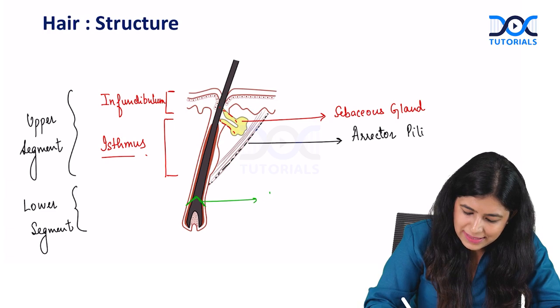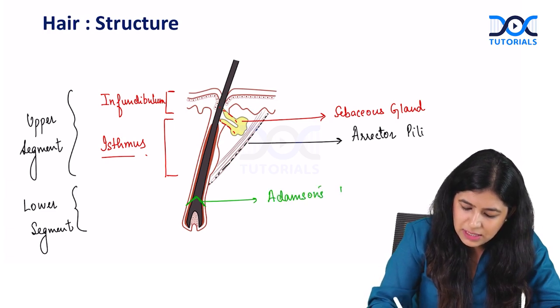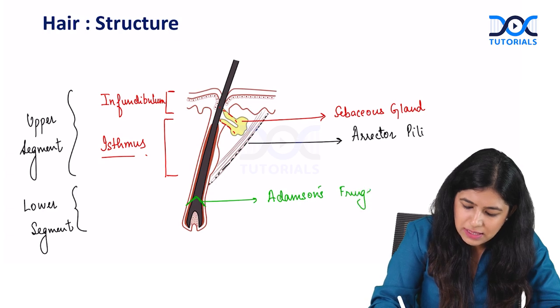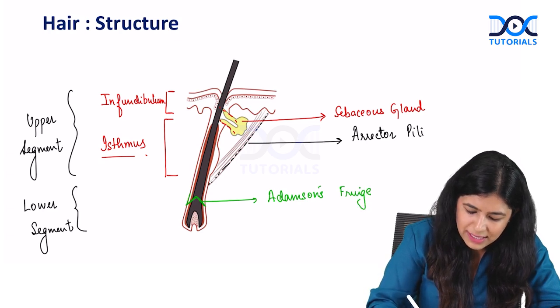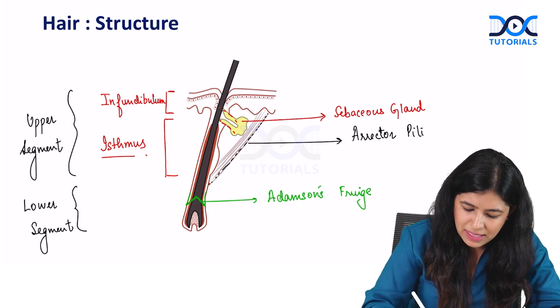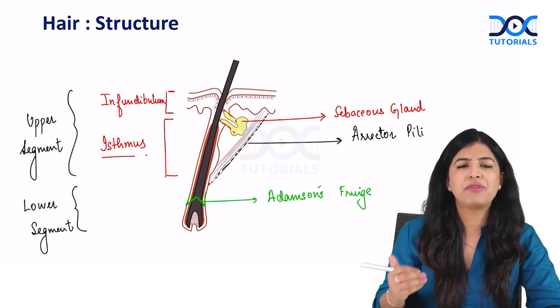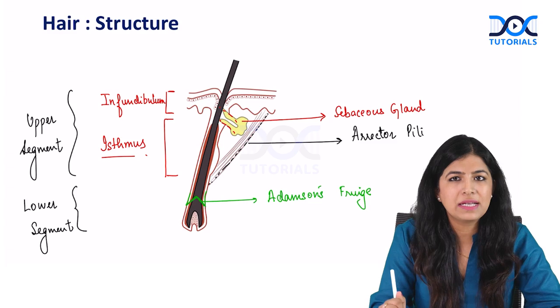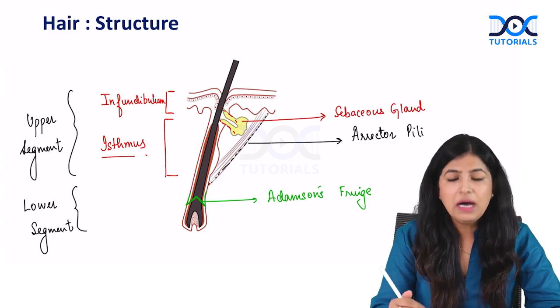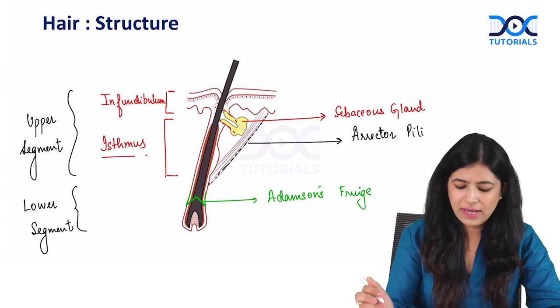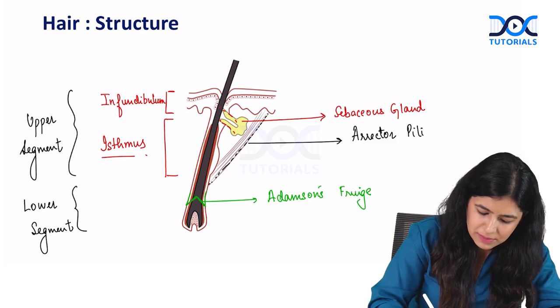Coming to the lower segment, here we have this inverted V-shaped zone. This is called the Adamson's fringe. This part has an importance in terms of having the keratinized part of the hair follicle above it, and below the Adamson's fringe we have the non-keratinized part of the hair follicle. Apart from this, it also divides the lower segment into two parts.